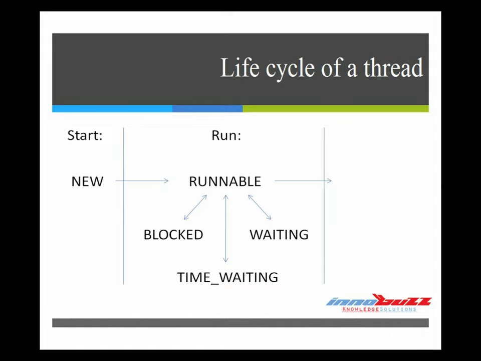And it can be timed waiting, the thread is waiting for the specified time, a user specified time. And at the end, when the thread finishes the life cycle, it becomes terminated. The thread has finished its task. These constants we can find in the Thread.State enum.